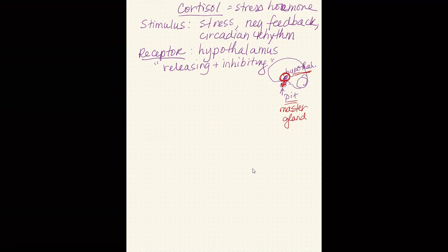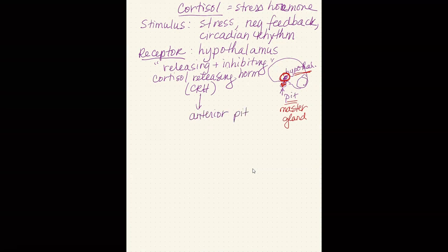Okay, so now if we go back here, the hypothalamus releases this thing called corticotropin releasing hormone, or I'm going to abbreviate it CRH. It's going to travel down the infundibulum, that little connection between the hypothalamus and the pituitary, to the anterior pituitary.